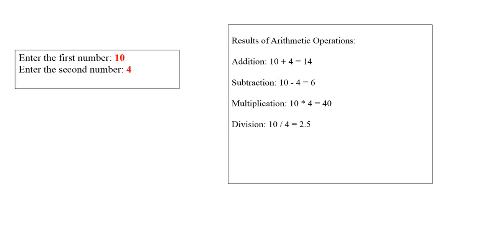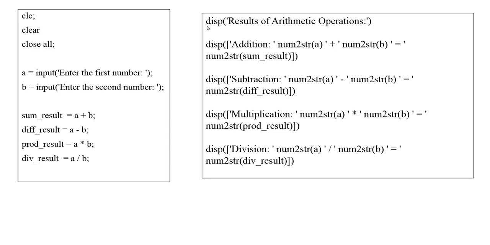So you will get the output like this. We'll enter the first number as 10, the second number as 4. Now the disp command will display the results of arithmetic operations.